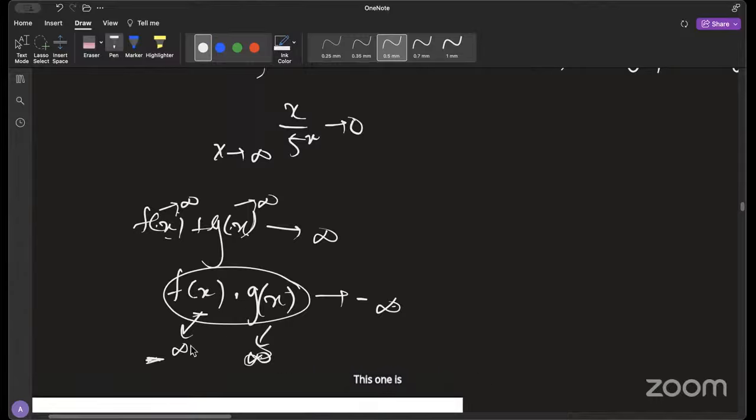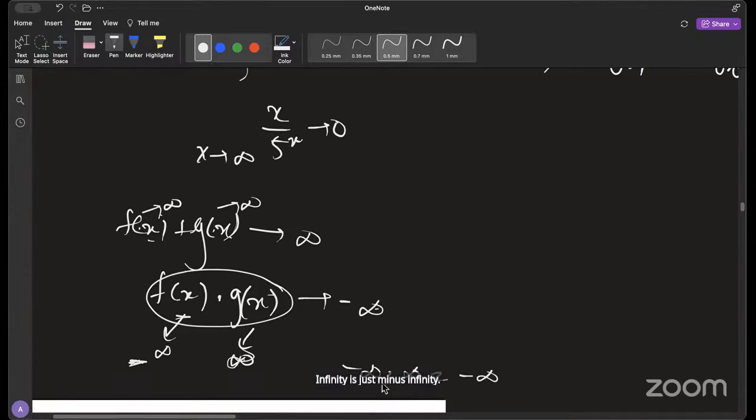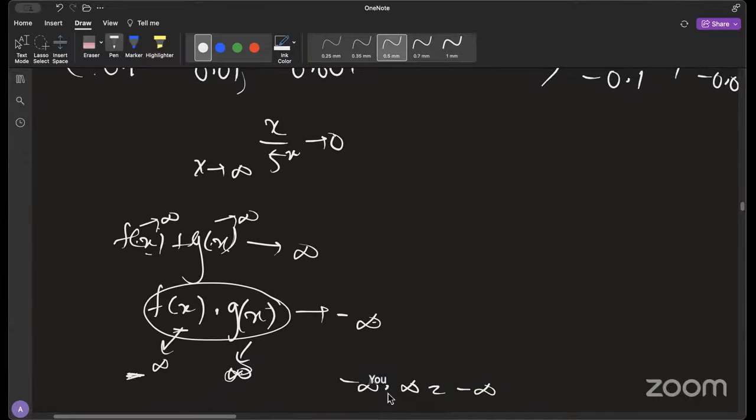This one is for the product case, like minus infinity times infinity is just minus infinity. Although these are not numbers, so going by strict conventional rules, this is not strictly true, because minus infinity is not a number. We only define the product for real numbers.